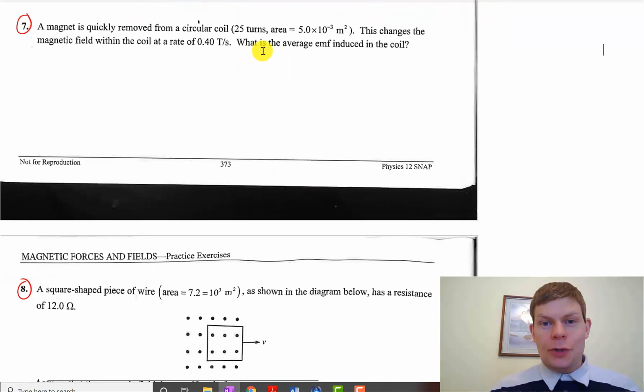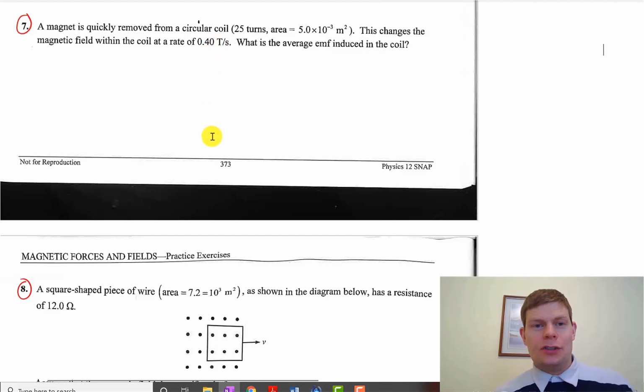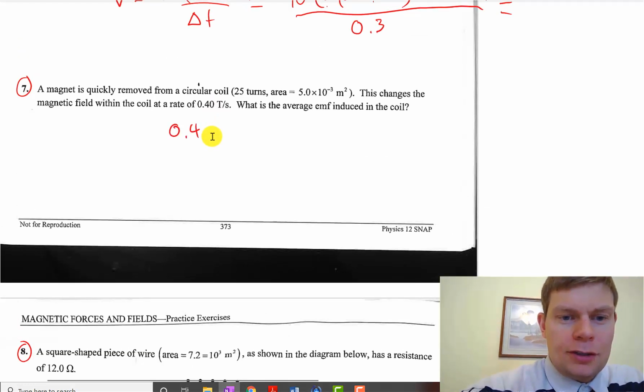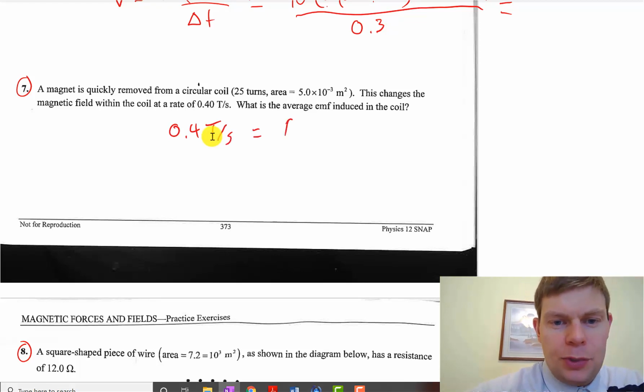All right, then we got this sucker. I just picked it because it gives you Teslas per second, which is our 0.4 Teslas per second, really equal to change in B over change in time.